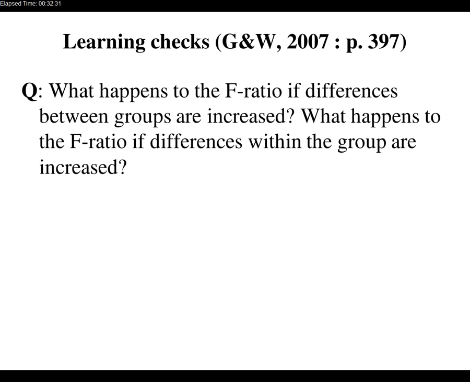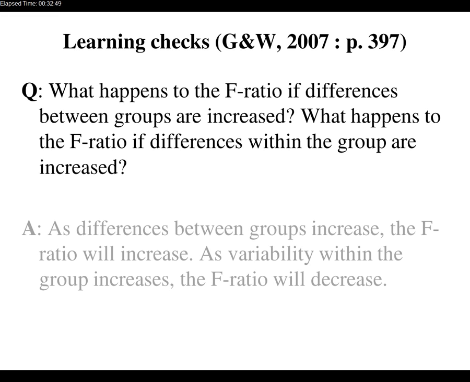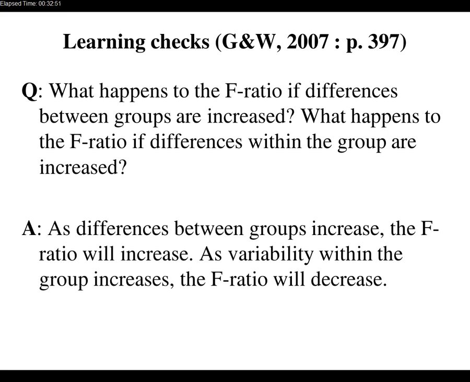Another question. What happens to the F ratio if differences between the groups get bigger? What happens if differences within the groups get bigger? As differences between groups increase, the F ratio will also increase.